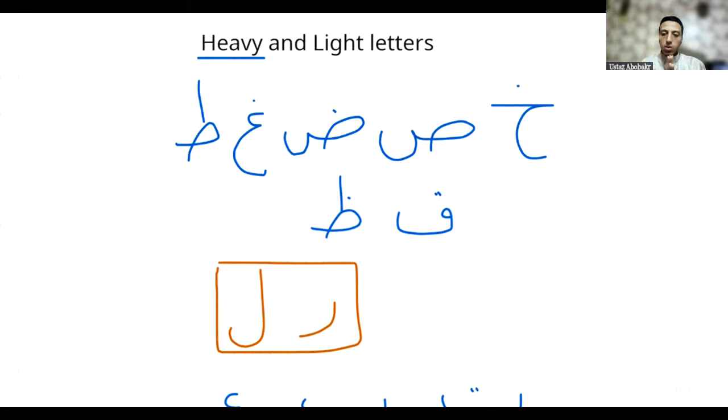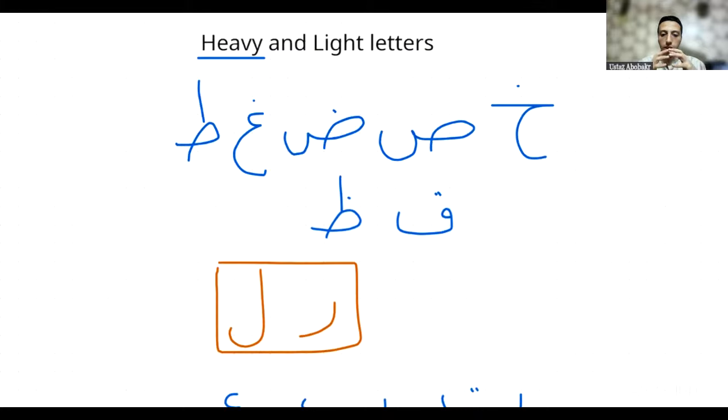We talked about which letters in Arabic we have them heavy. We said that we have only 7 letters in Arabic, which should always be heavy. We have qa, sad, dad, ghain, ta, qaf, and dha. All the other letters in the Arabic language are light.